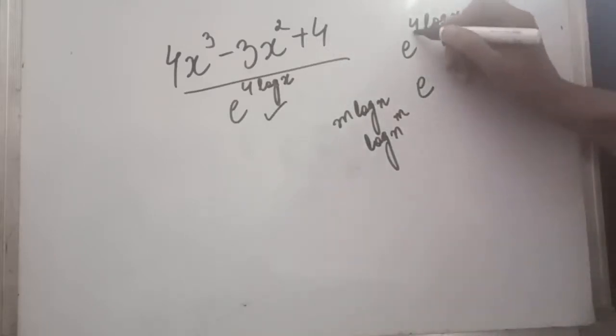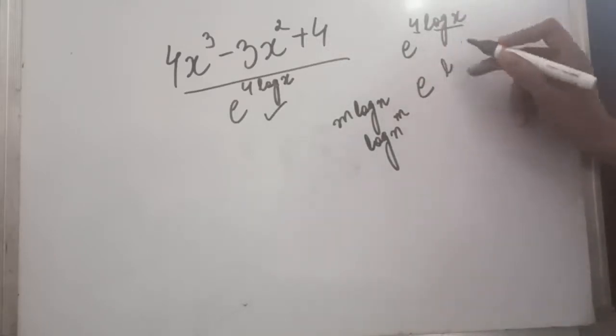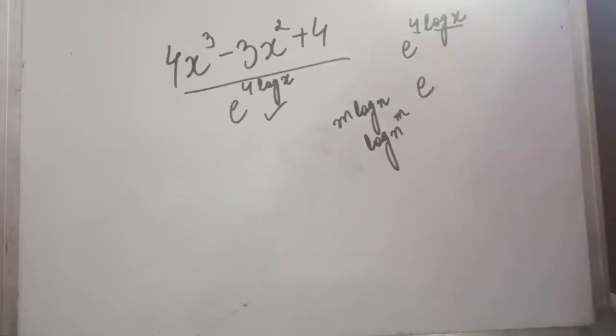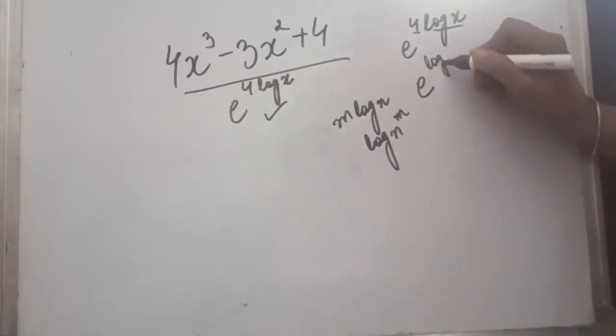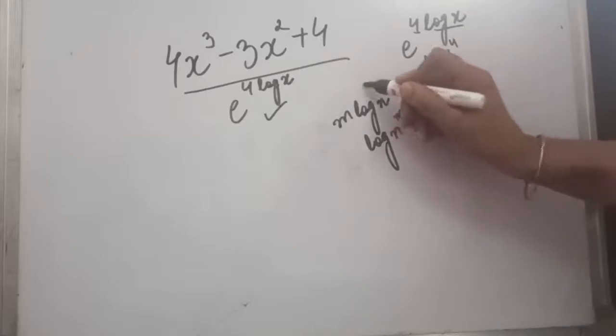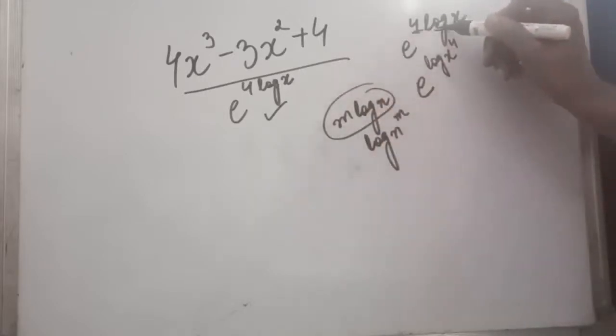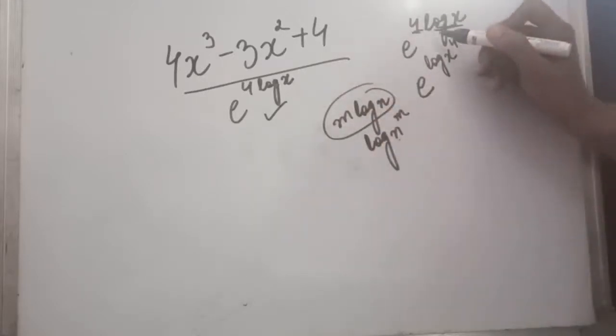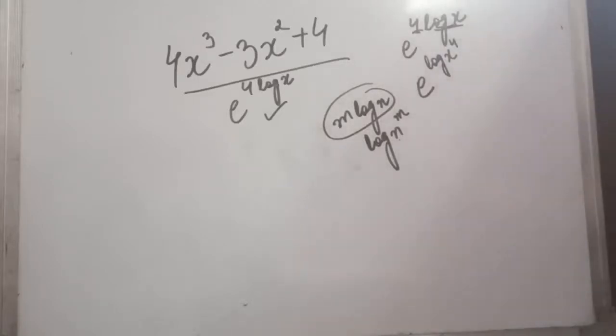So here also this is m log n. So what I am going to do is, in the power log x, I am taking the power above. So I have converted this m log n into n's power m. This 4 has become the power.